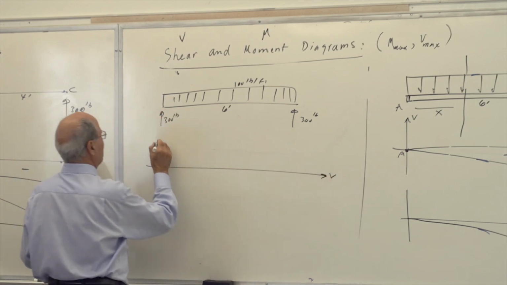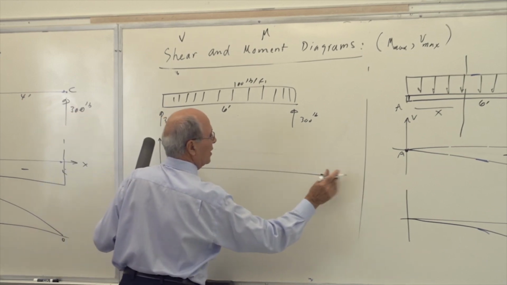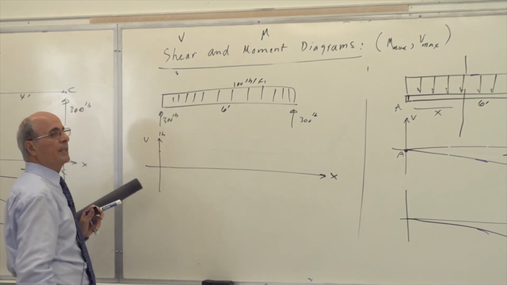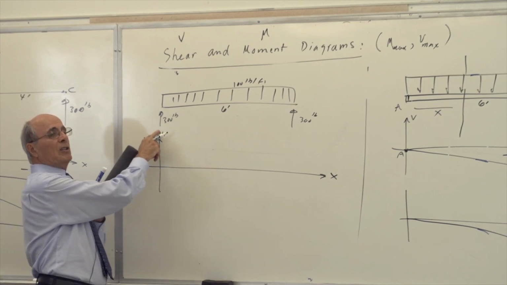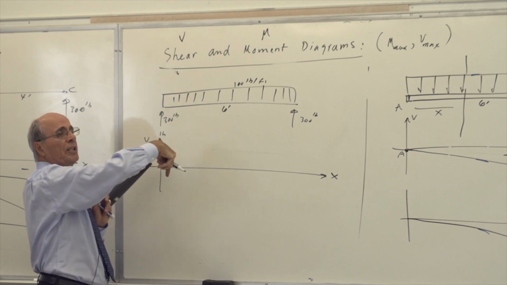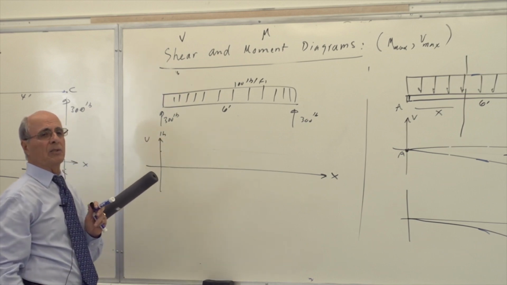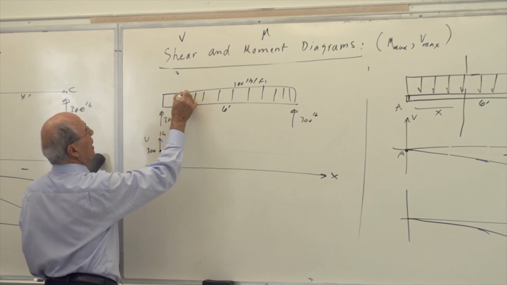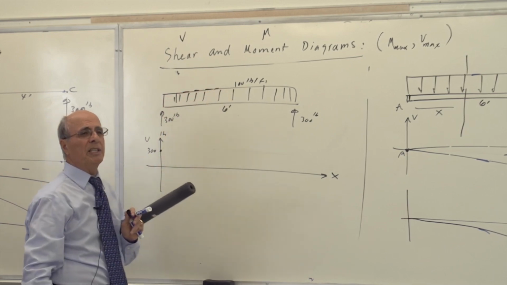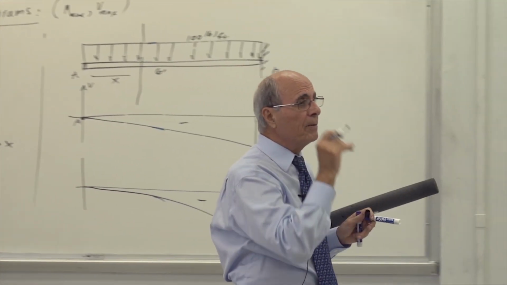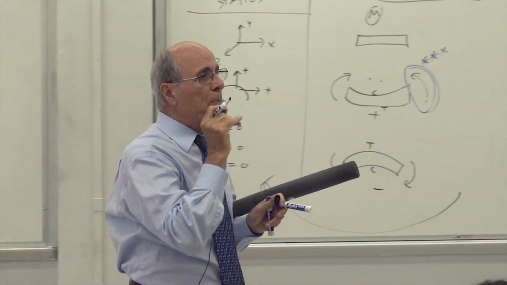Shear versus X, in pounds. What's the value of the shear there? You already have done 300. This is going up. Shear is going down, therefore it is plus, yes or no? Plus 300. Look how simple it is. Now, how much am I reducing it? I'm reducing it at the rate of 100 per foot.